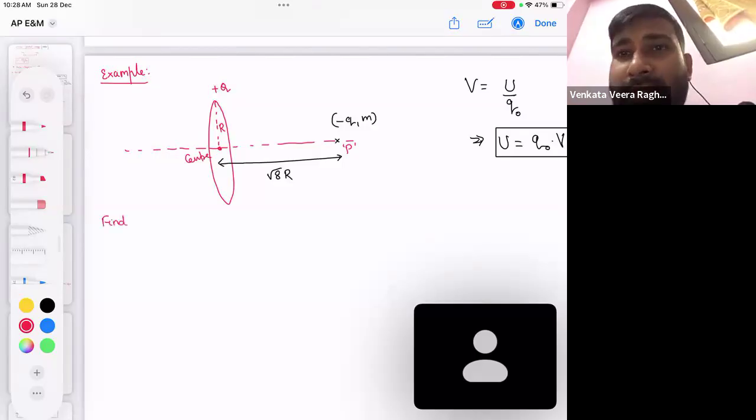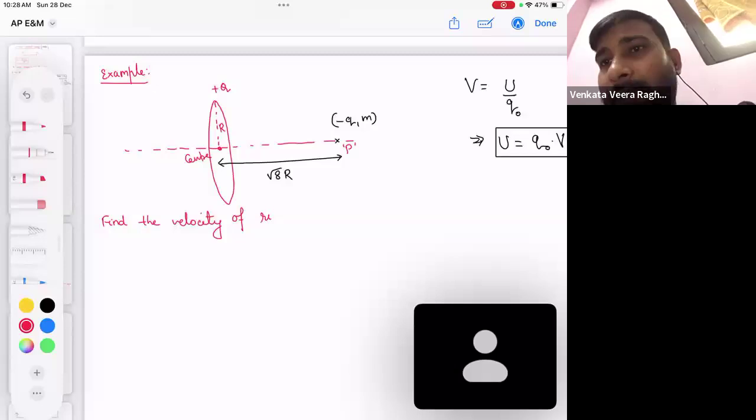The question asks, find the velocity of the ring. Sorry, find the velocity of the particle, not the ring.